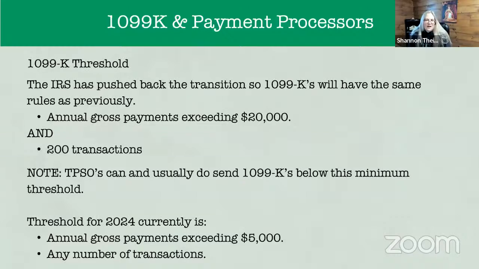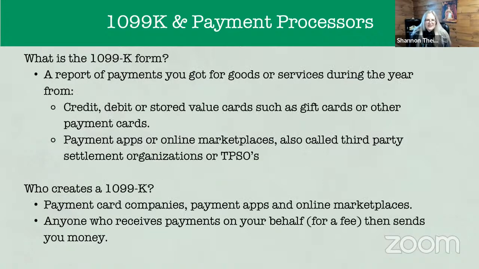But their 1099K reporting is getting to be a little bit more complex, simply because of some of the rules that are in effect and how different merchant service providers interpret the rules on what payments get included, because the first bullet on here says credit or debit or stored value cards such as gift cards.